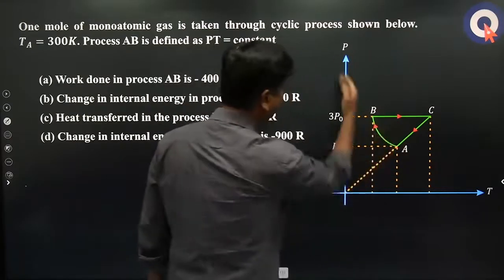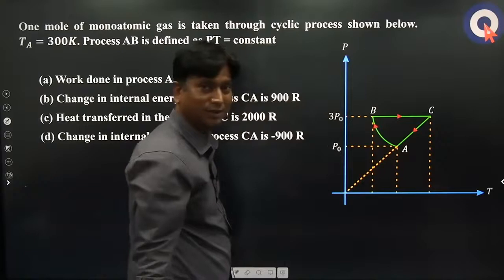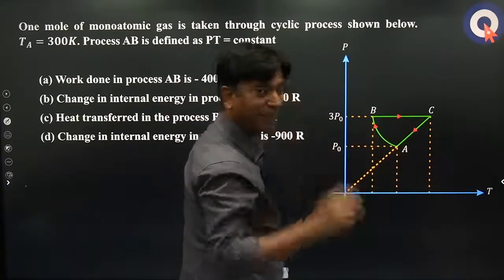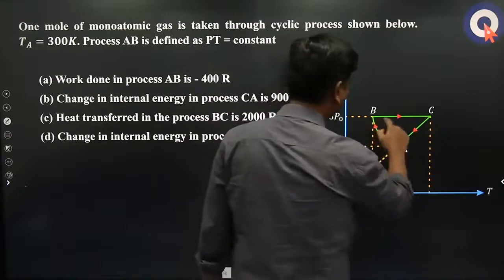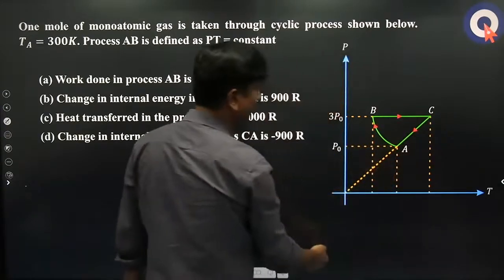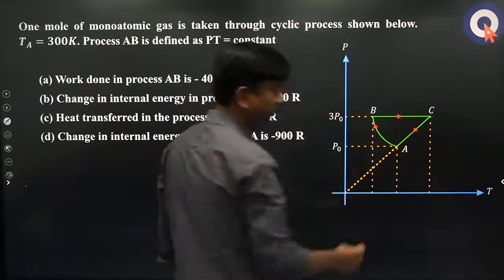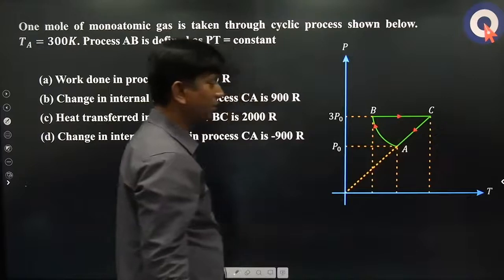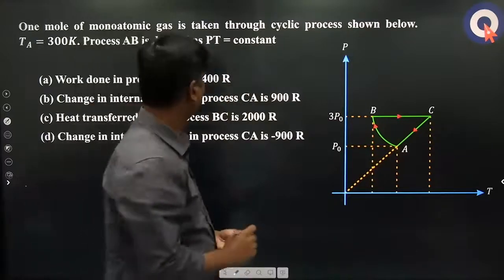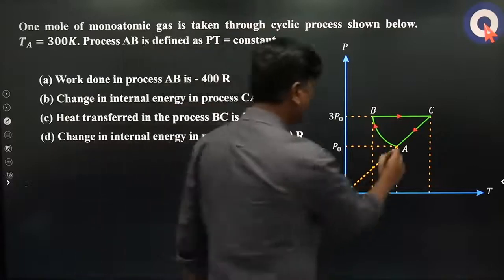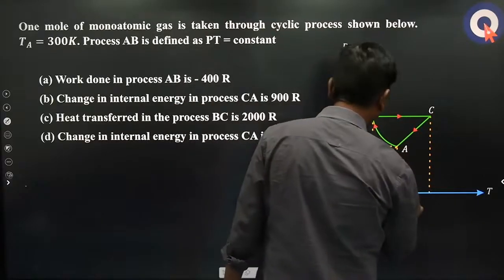Which is some curve which is PT is equal to constant. Something like a rectangular hyperbola for PT, not for PV, right? So it's like this, and this is the constant pressure, right? And this is passing through origin. Definitely pressure temperature passing through origin means that will be a constant volume. So CA is isochoric, constant volume, right? And they are giving temperature at A is 300 Kelvin.